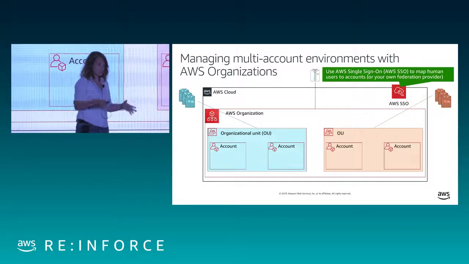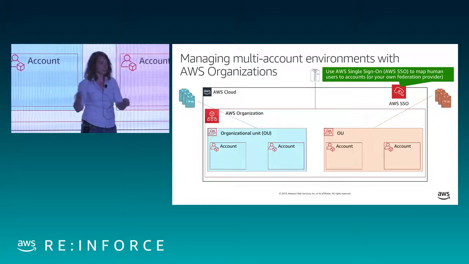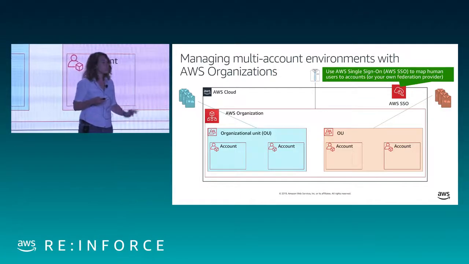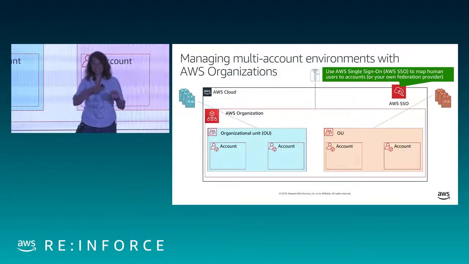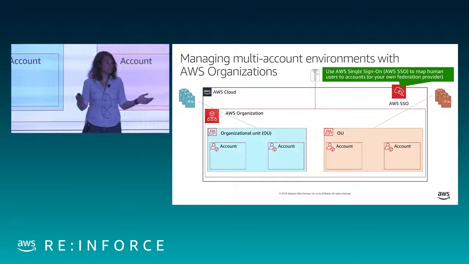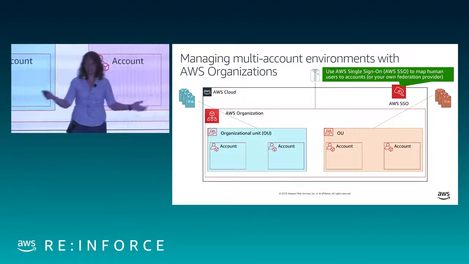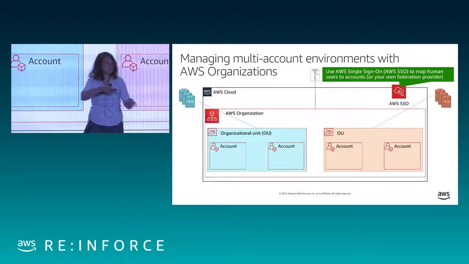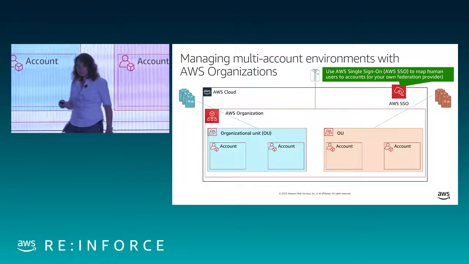SSO lets you create users directly in SSO. It can also integrate with a managed Microsoft Active Directory in your VPC if you have one. It lets you map users to access levels into AWS accounts, which gives you a nice way for your users to federate from one place into multiple accounts rather than juggling a lot of passwords or assuming a lot of roles all over the place. So it's a nice simplifier for that.